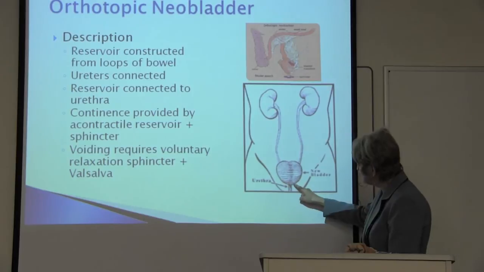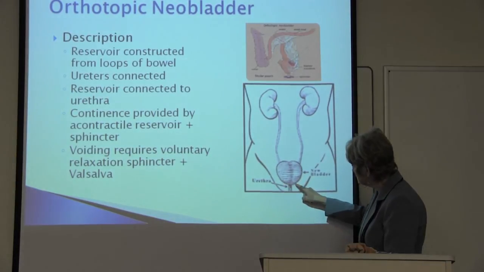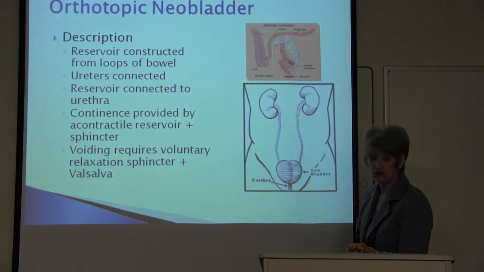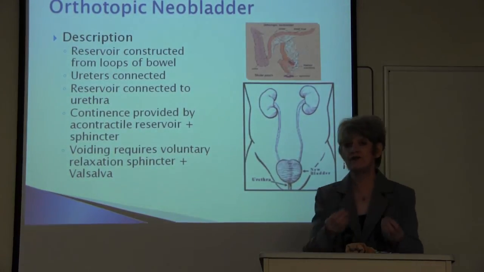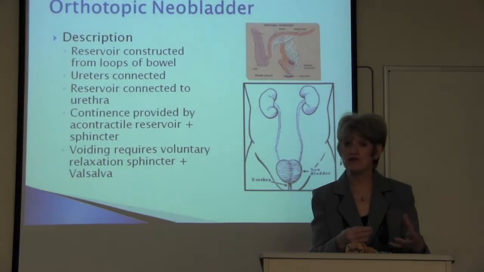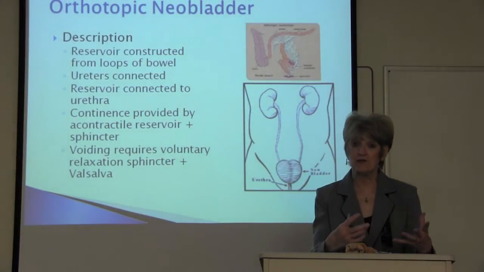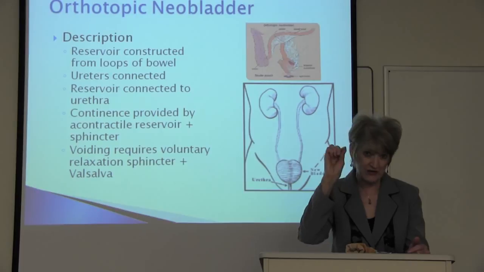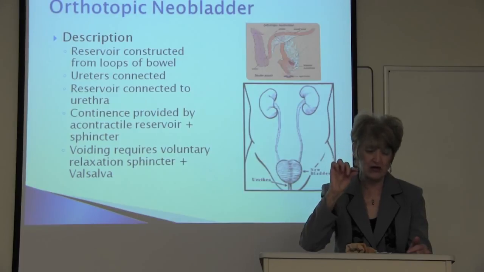The distal portion of the newly created reservoir is tapered so that you can anastomose it to the urethra. They have to realize that when they remove the bladder for cancer, they take out the bladder and they take out the proximal portion of the urethra, the bladder neck and the top part of the urethra.